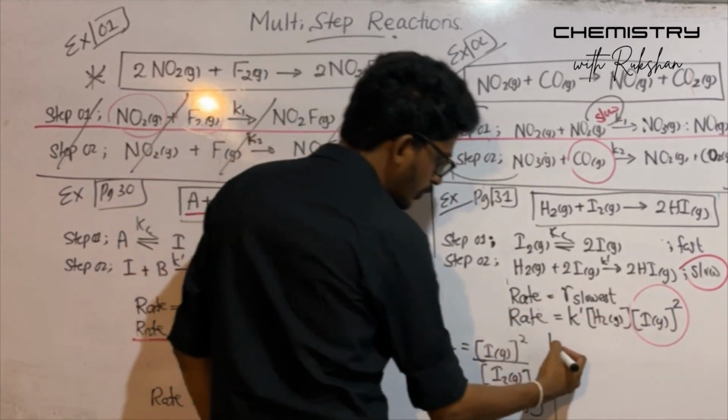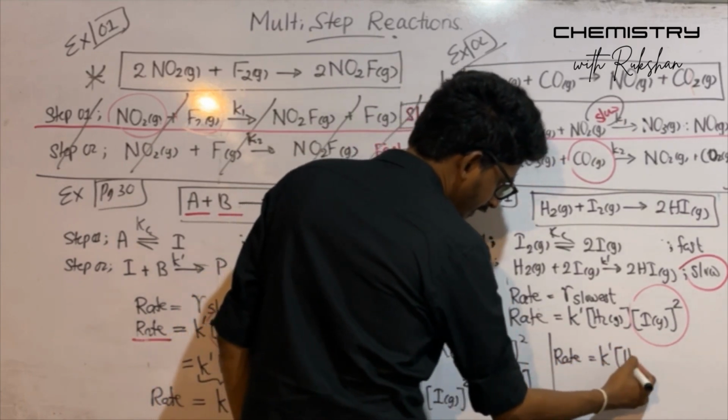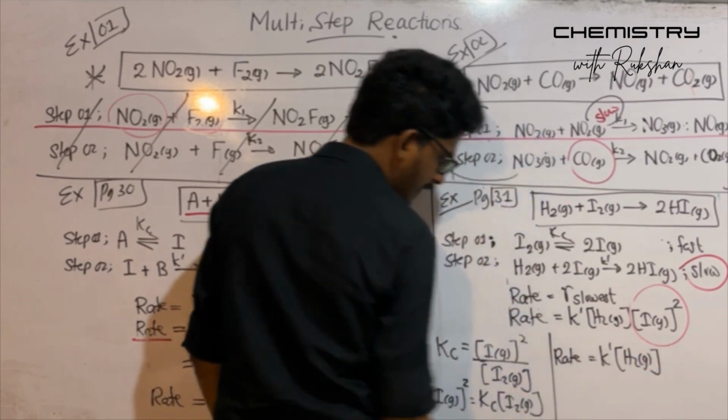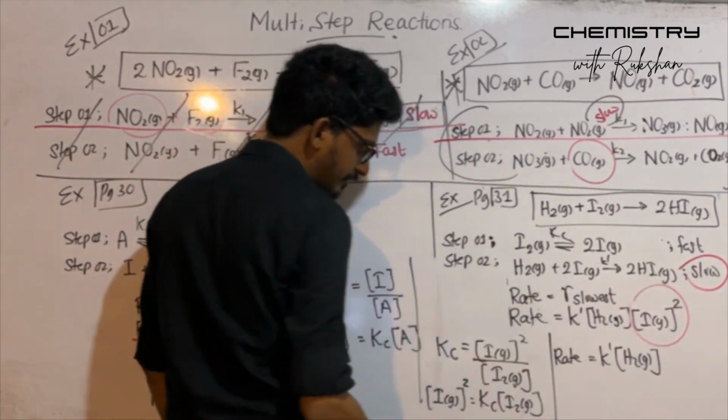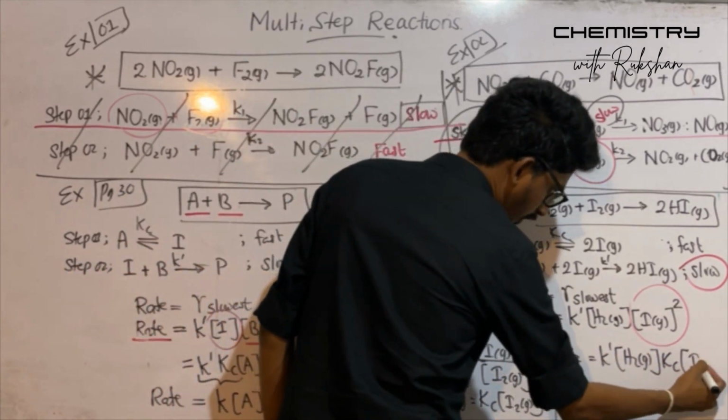So that will give you the rate as K dash into H2 gas. Instead of I gas squared, we can write Kc into I2 gas.